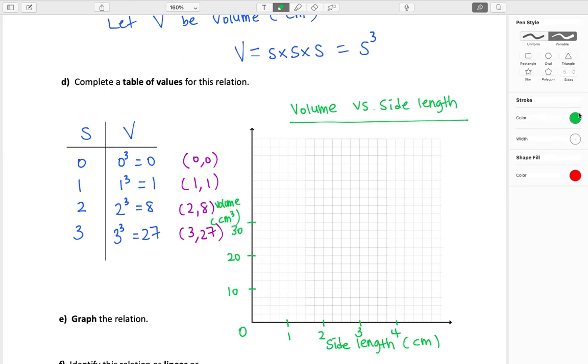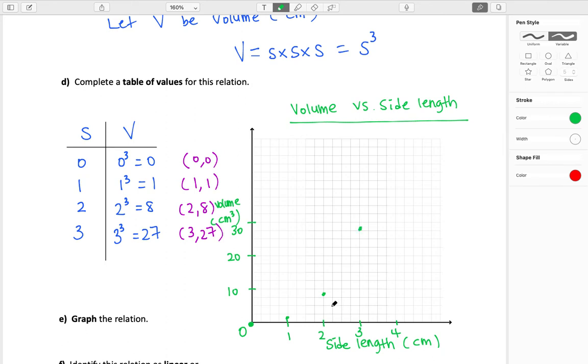Okay. Now let's graph this. So 0, 0 here at the origin, 1, 1, so it's like really tiny here. At 2 is 8, and 3 is at 27.